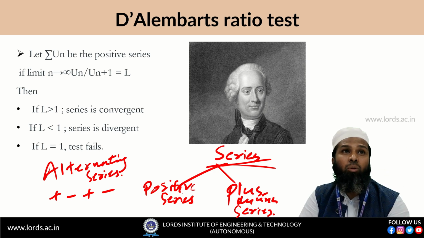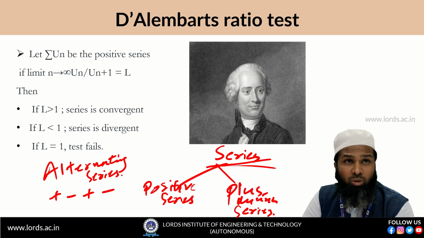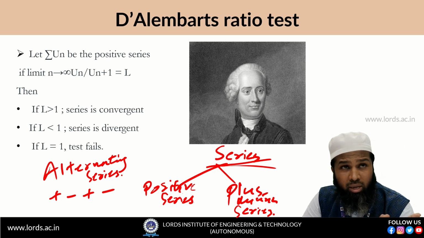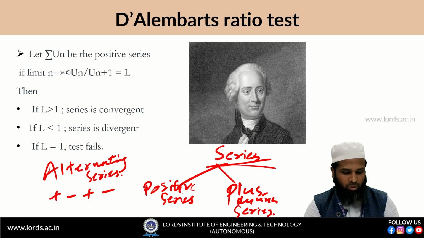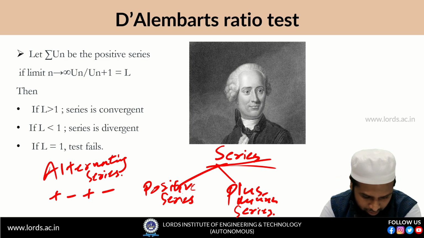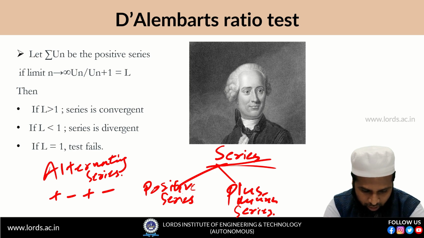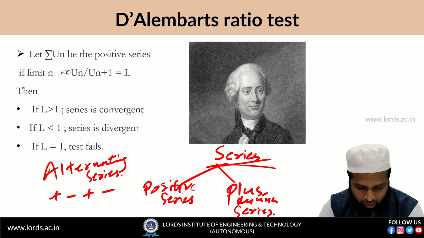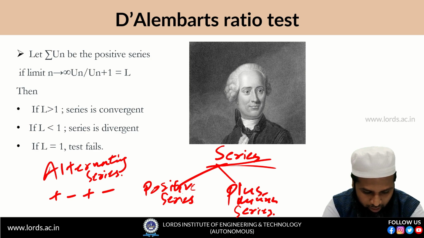Okay? So positive series is the series in which all the terms are positive. Now we want to know the nature of the positive series. For example, I am writing a positive series here: summation 1 by n.